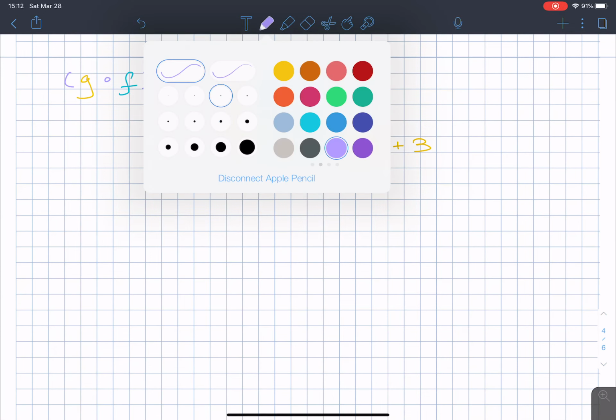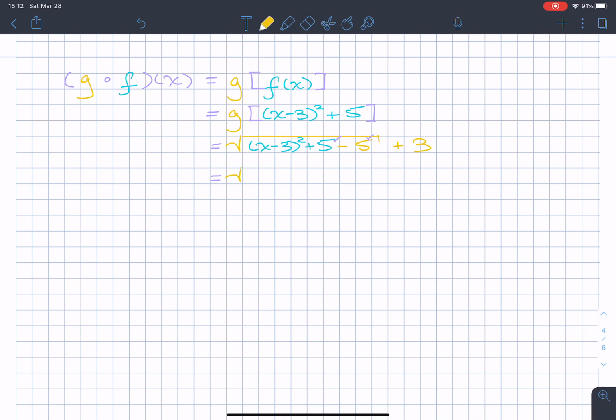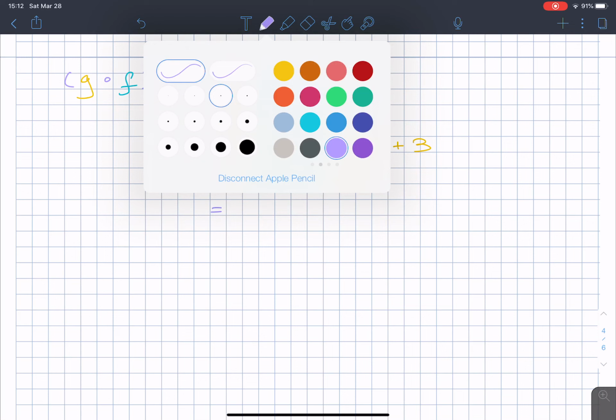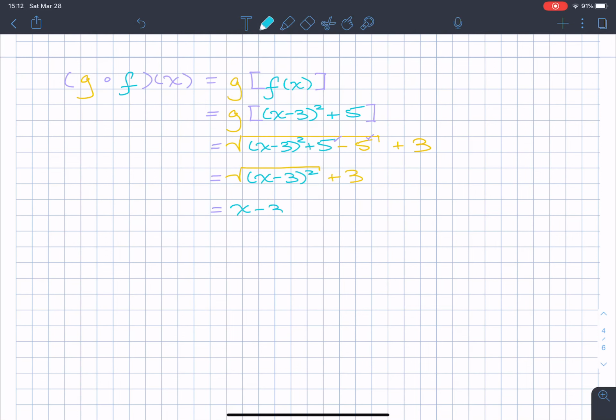So I'm left with the square root of quantity x minus 3 squared, to which I'm then adding 3. But if I square and square root, or vice versa, I just get what's inside. So this becomes x minus 3 plus 3. So the 3's sum to 0 and I get x, check mark.